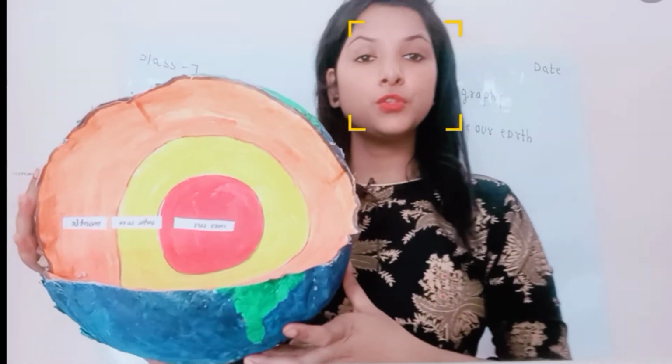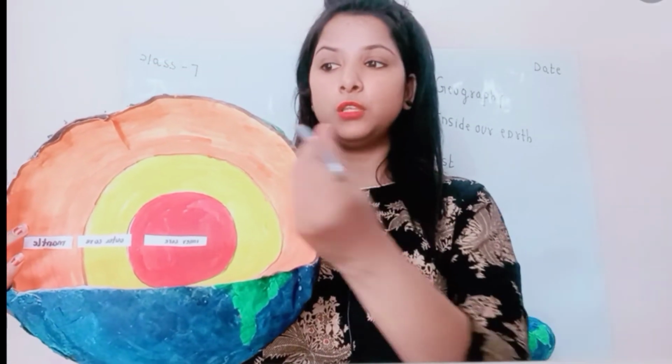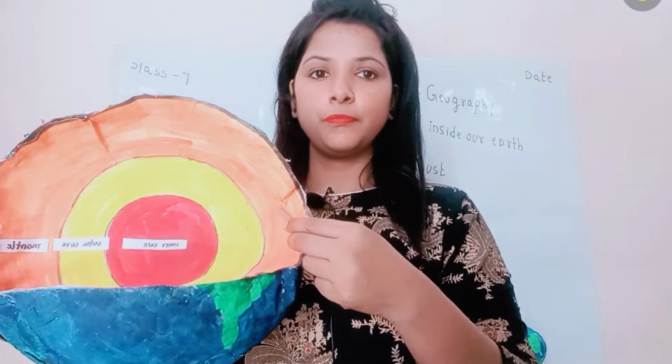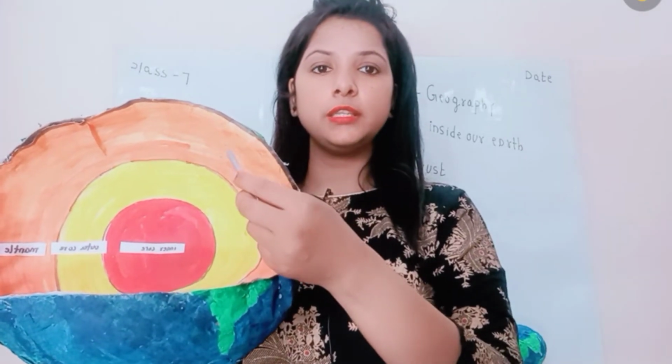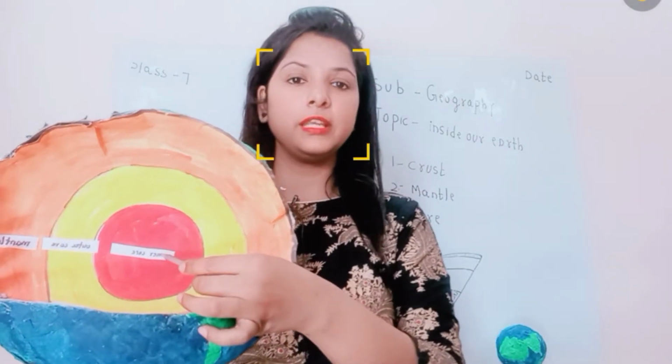So we will see a model also for this. Okay, so here is our model. As you can see, this is the thinnest of all. This one is the crust, this one is the mantle, this one is the outer core, and this one is the inner core.